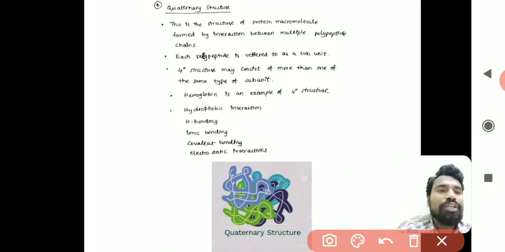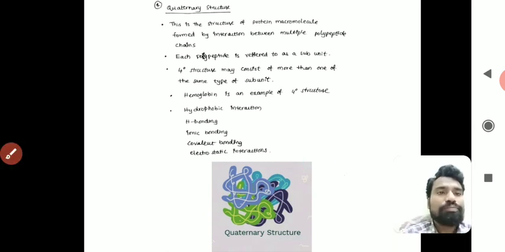Now the third one is tertiary structure, where 4 or 5 different polypeptide chains interact with each other. Then multiple 10, 15, 20 polypeptide chains interact with different kinds of interactions, resulting in a complex quaternary structure of proteins. This is the structure of proteins.